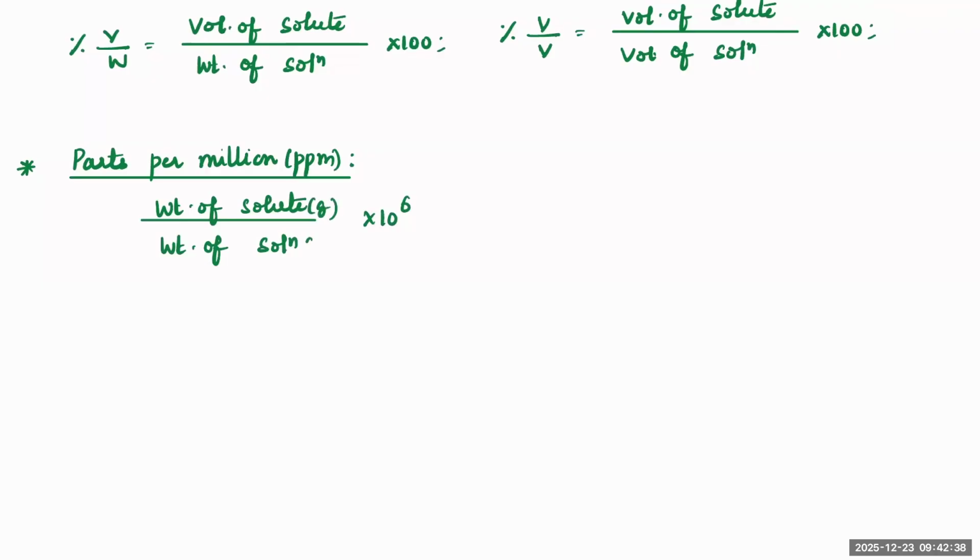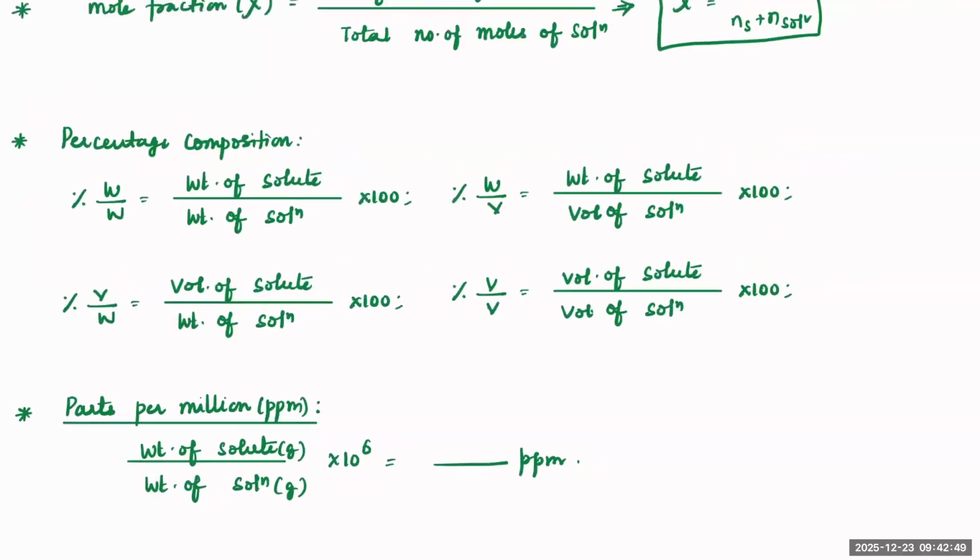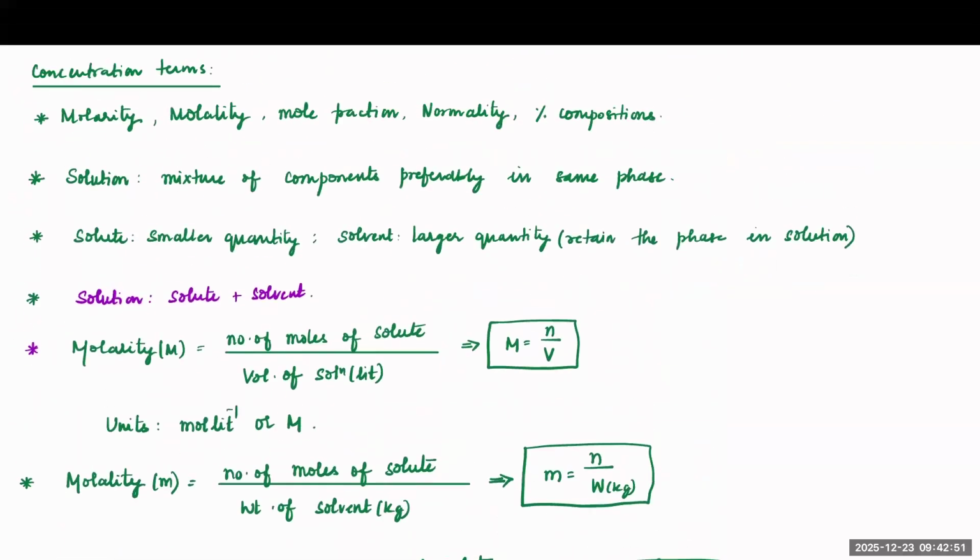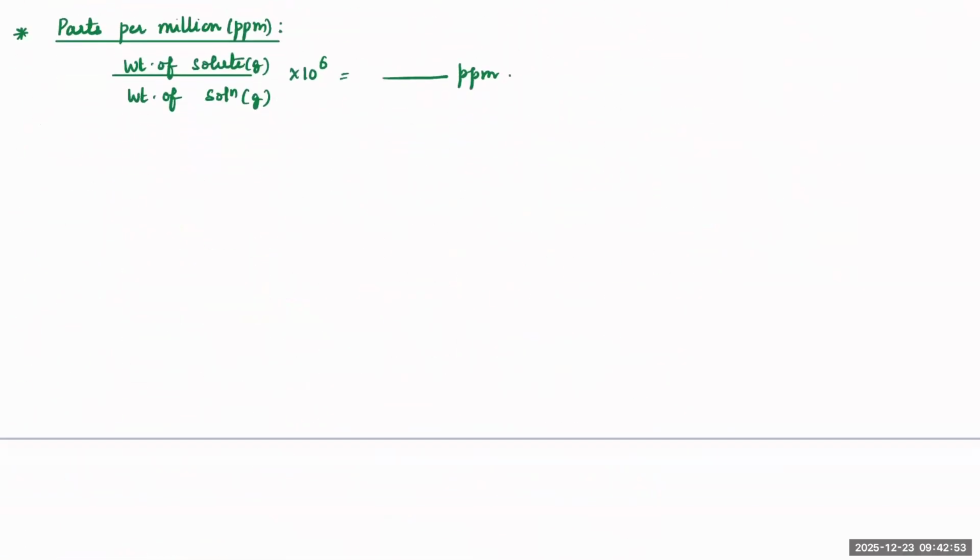Typically, if this is taken in weight, this should also be taken in weight, so that the value you are getting is in ppm units, like this. Okay, this is about parts per million compositions. So these are the concentration terms that we must know. Okay, beta.